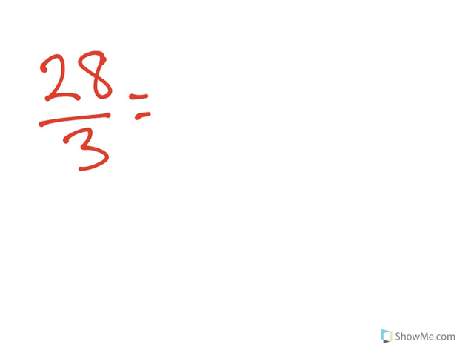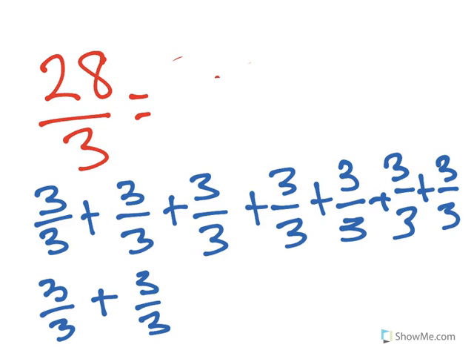Let's do one more. Let's decompose this fraction first. So I've written this out beforehand because it took a little while. So I have 1, 2, 3, 4, 5, 6, 7, 8, 9 of these 3/3 that I'm adding together. That gives me 27/3.